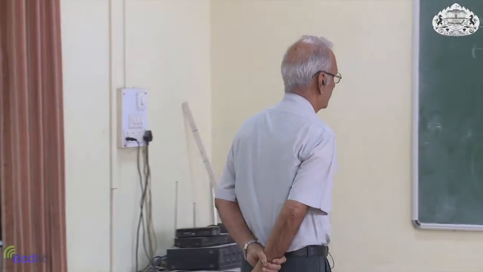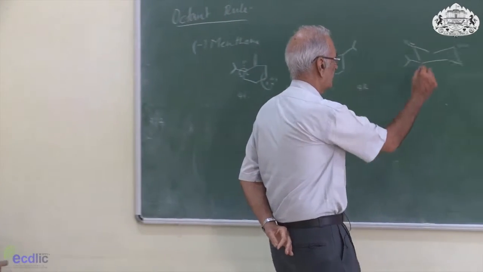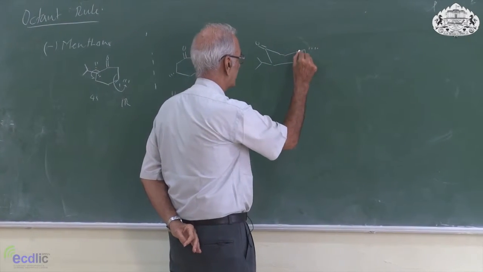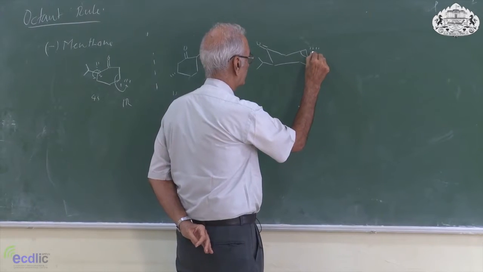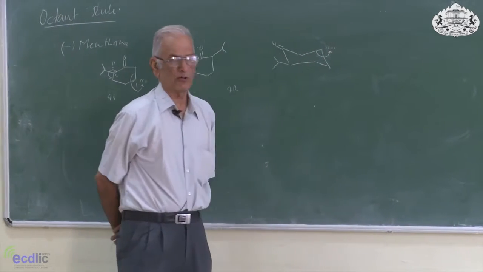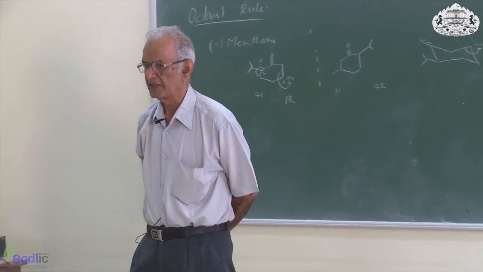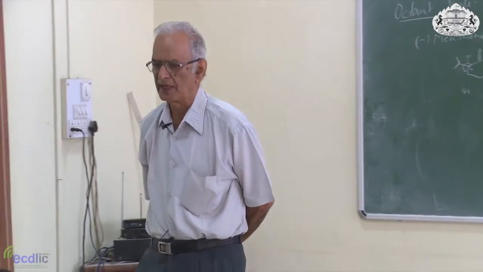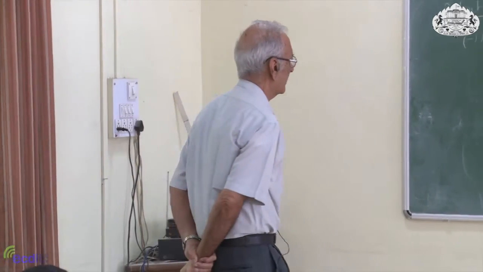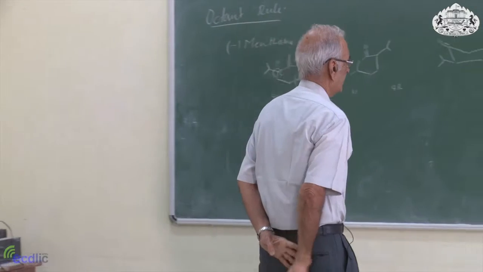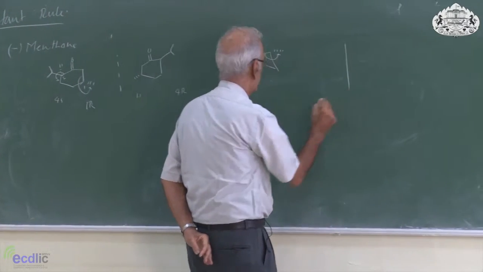Conformation will be chair, both substituents are going to be equatorial. And this is the 1R 4S. Let us check it out. It describes an anti-clockwise direction. Hydrogen is in front. So, that is your 1R. Okay.